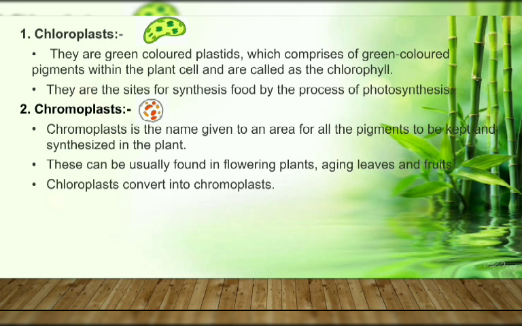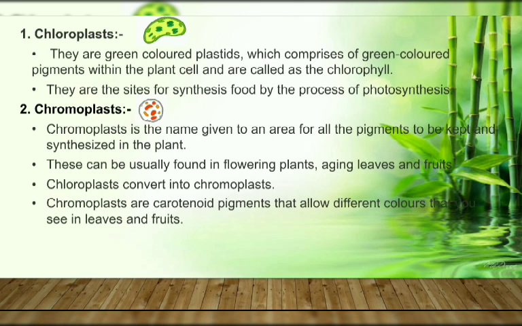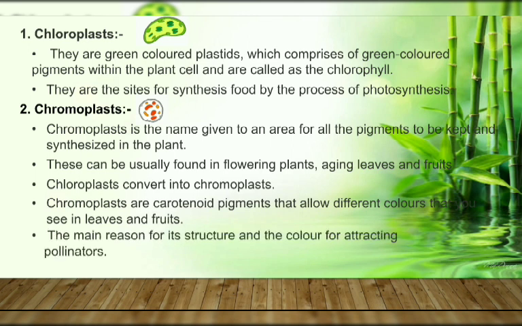So you can say that chloroplast is easily converted into chromoplast. Chromoplast is responsible for the different colors of leaf and flower, and these different colors attract the pollinators. You all know that pollination is useful for all plants. Maximum pollination takes place with the help of insects, so different colors are responsible for attracting insects for maximum pollination.